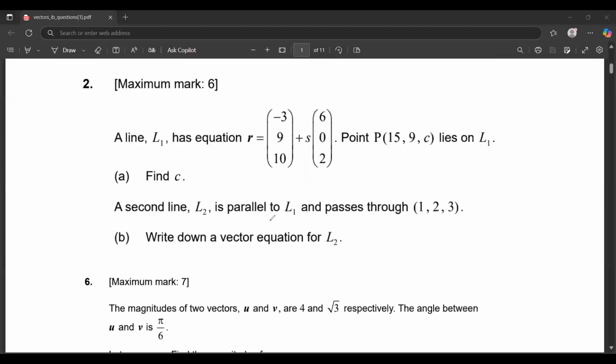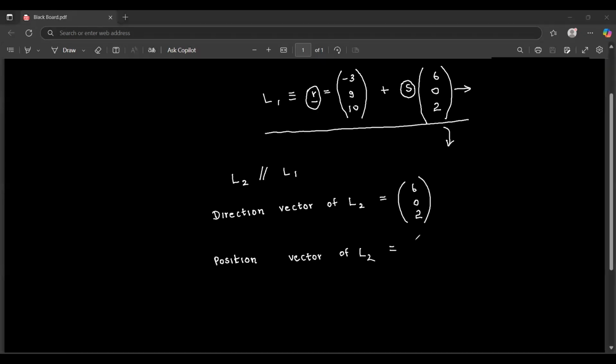They are saying L2 passes through (1, 2, 3), so the position vector can be (1, 2, 3). So the vector equation of L2 can be given as r equals (1, 2, 3) plus mu times (6, 0, 2), where mu is a real number.